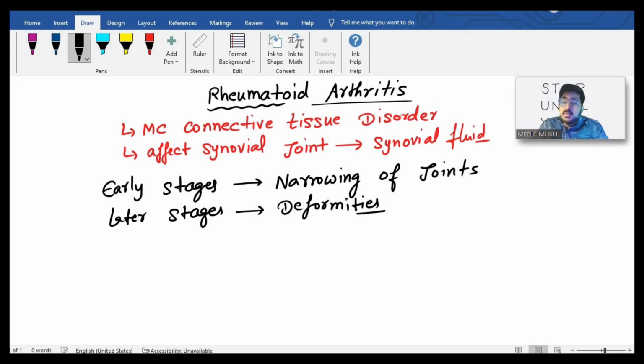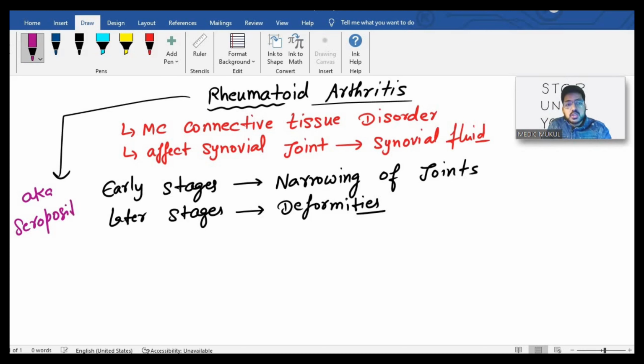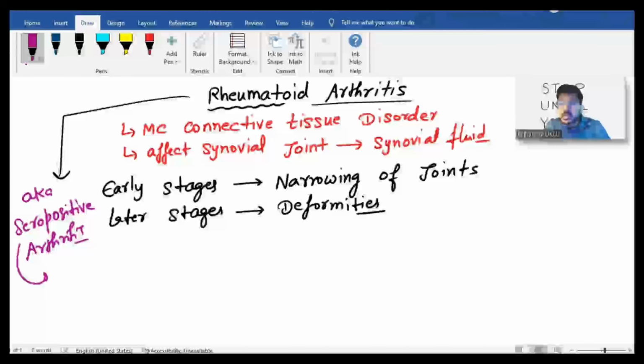Rheumatoid arthritis is also known as seropositive arthritis. What is seropositive? Seropositive means rheumatoid factor positive. Osteoarthritis, which we will talk about, and ankylosing spondylitis, which we will also talk about, are rheumatoid factor negative.